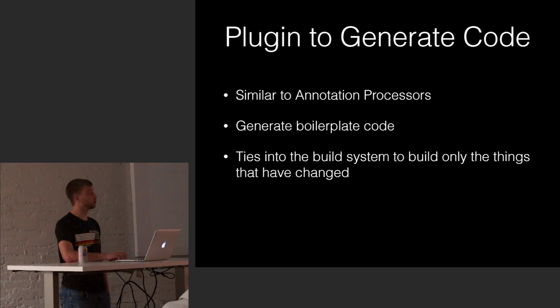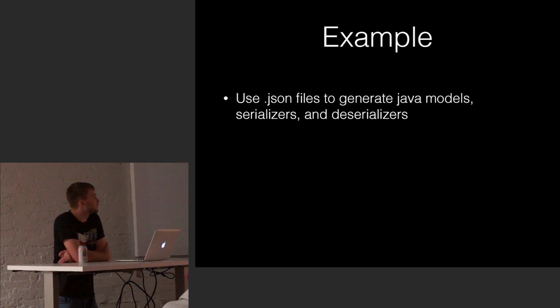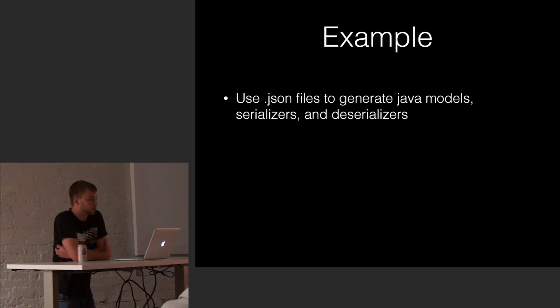All right, so the example I'm going to show is using JSON files that generate Java models to help with serialization and deserialization of JSON at runtime. One of my biggest pet peeves of my last job was working with the Jackson databind library.